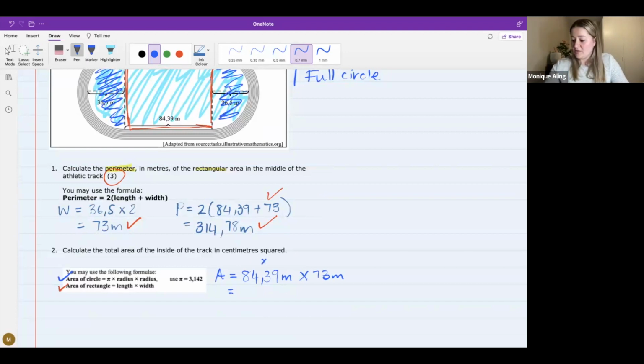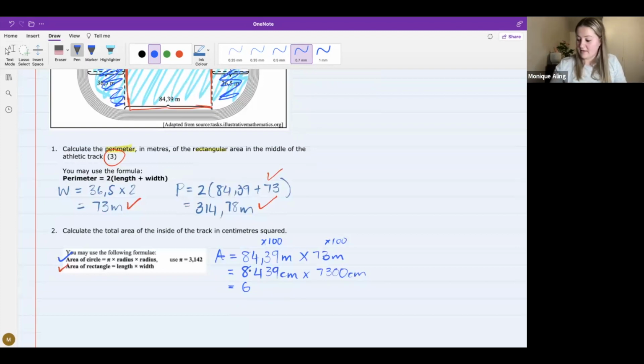So we're going to times by 100, times by 100, which gives us quite a big number. Okay, that's area of the rectangle.